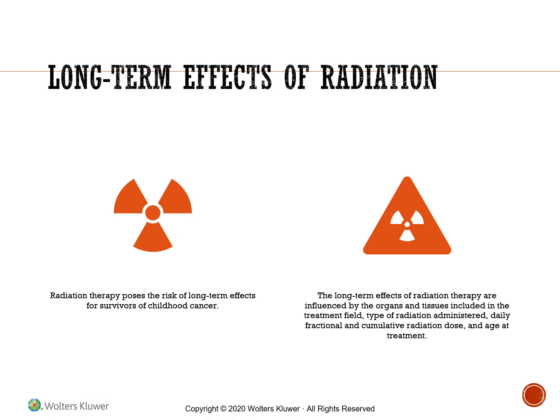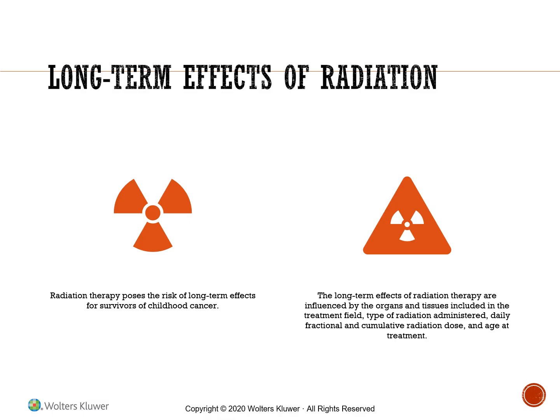So another distinction within childhood cancers is that now we're treating cancer in young children. And so the incidence of things like long-term effects of radiation and chemotherapy are more significant sometimes in children than we see even in adults. So long-term effects of radiation, radiation therapy poses risk of long-term effects for survivors of childhood cancers.